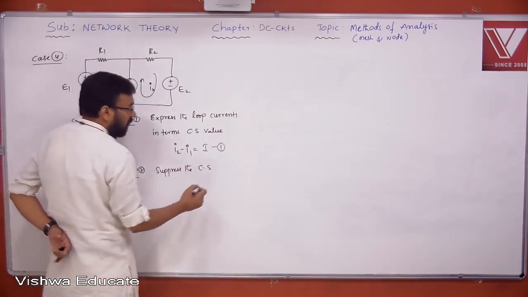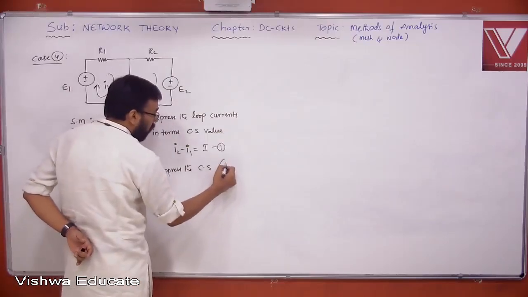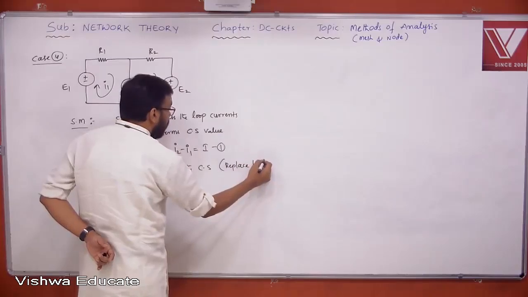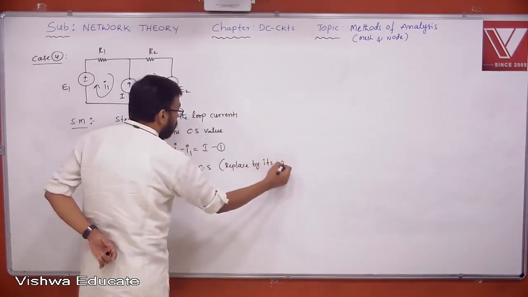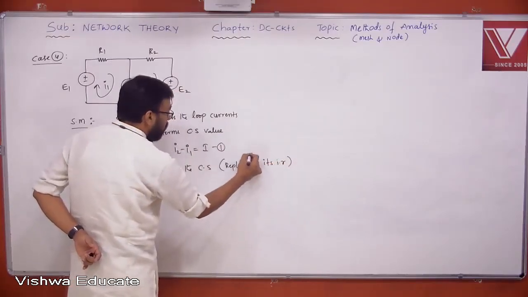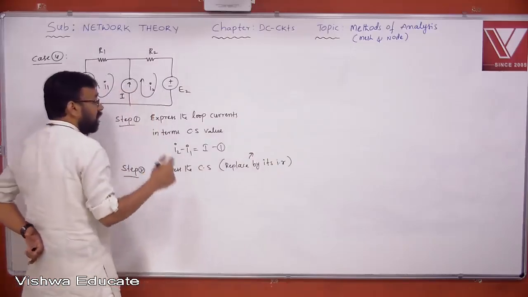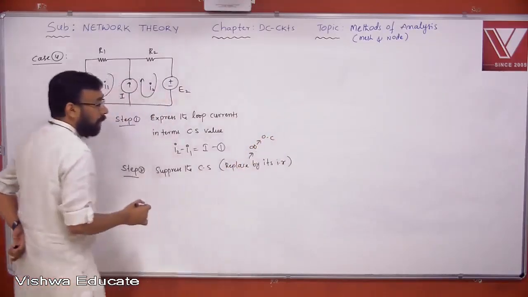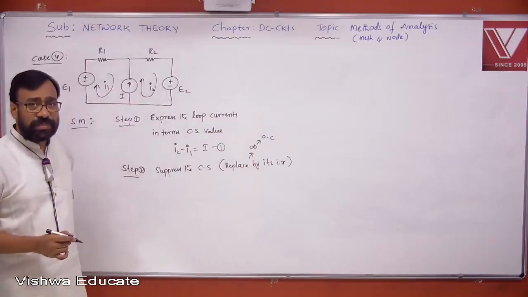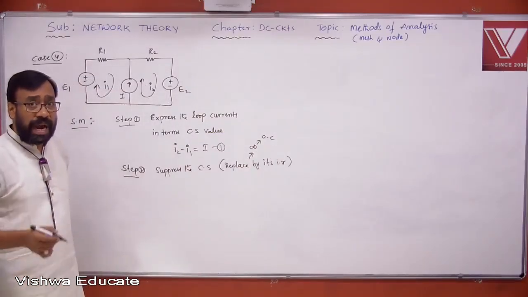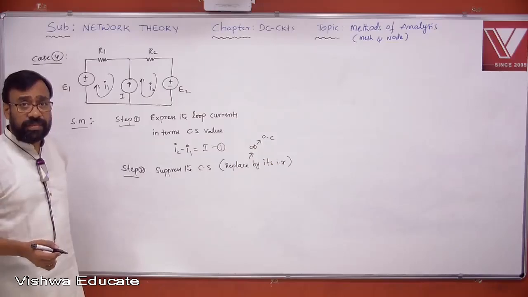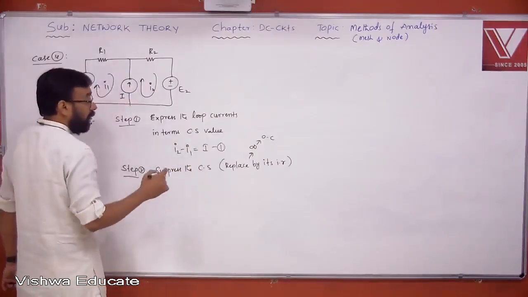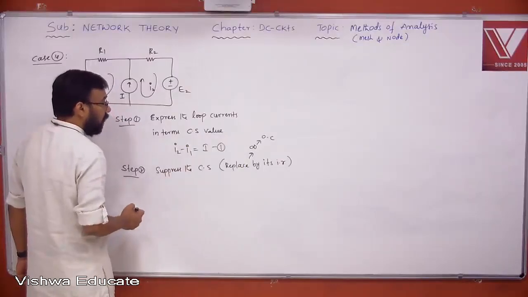What do you mean by suppressing the current source? Replace it by its internal resistance. What is the internal resistance of an ideal current source? Infinity, nothing but open circuit. Yes or no? Therefore, suppressing the current source means replacing it by its internal resistance, infinity.